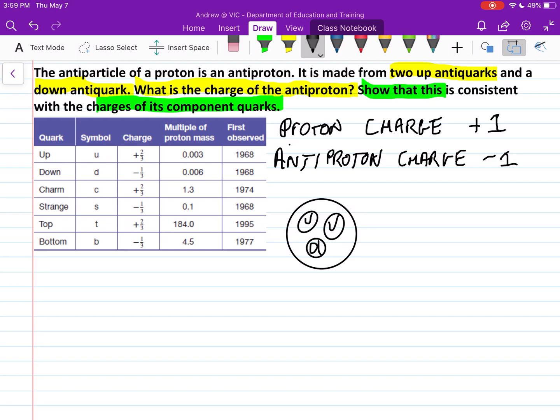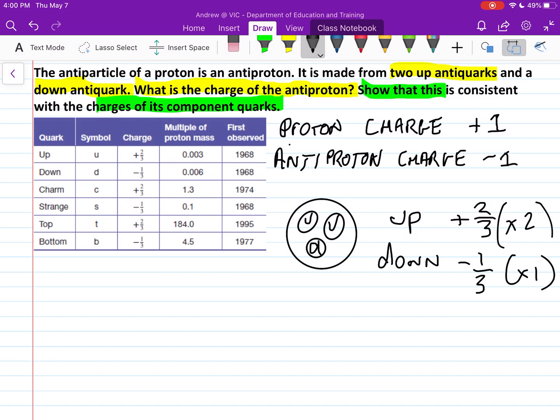So an up quark has a charge of +2/3, and we have 2 of them. And a down quark has a charge of -1/3, but we have 1 of them.